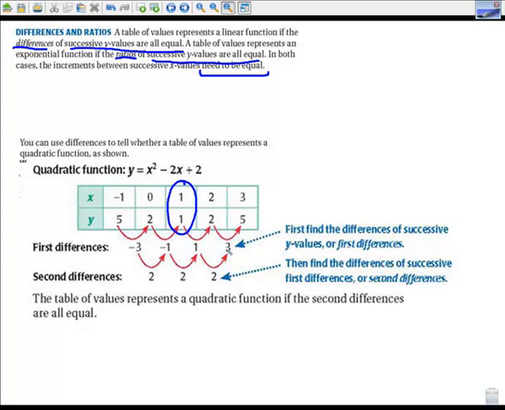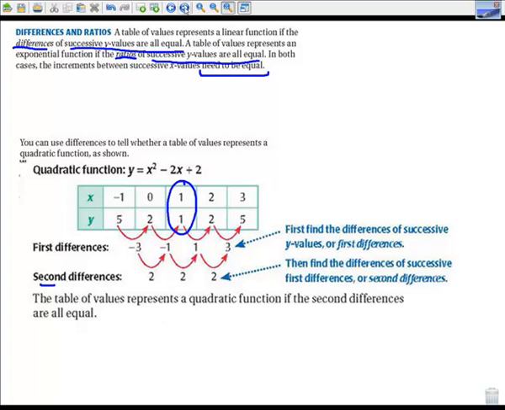So that shows me that they are not linear. So what you do is you find those differences, and then you take the difference of these. So from -3 to -1, I actually am increasing by 2. From -1 to 1, I'm increasing by 2, and from 1 to 3, I'm increasing by 2. So this shows me, since the second differences are equal, this is going to be a quadratic function.